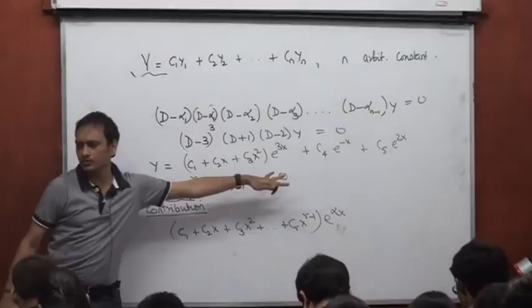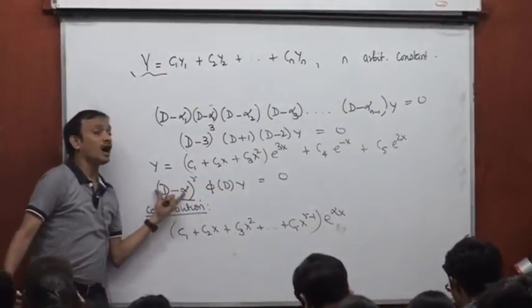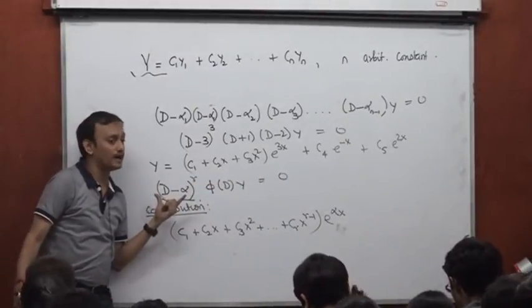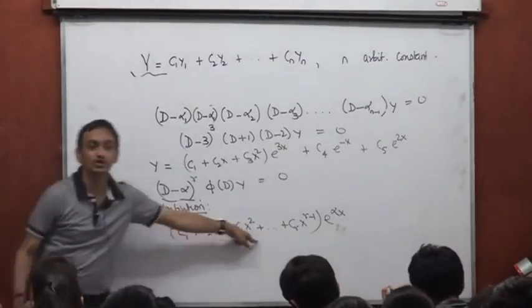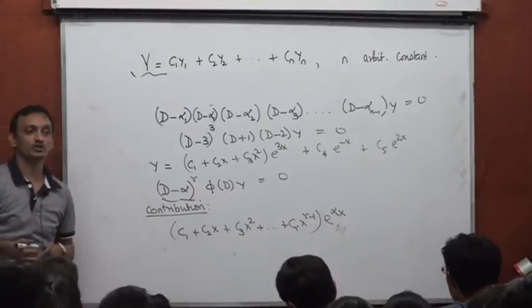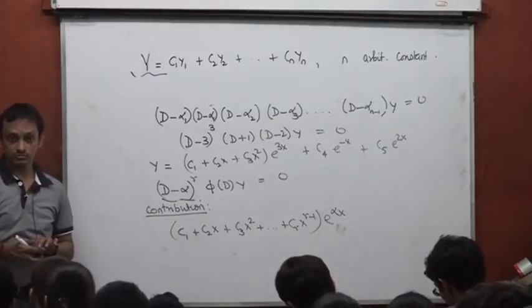Other factors would contribute, like I discussed, but these are coincident roots, α repeated r times, and would contribute this to the general solution. Got me?